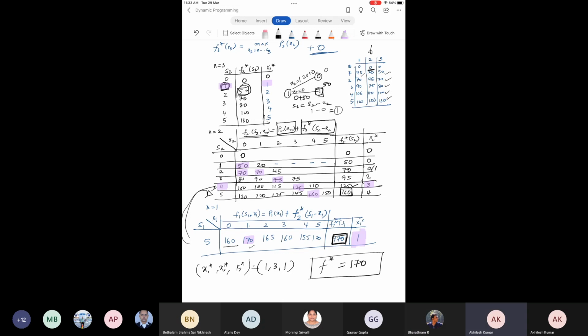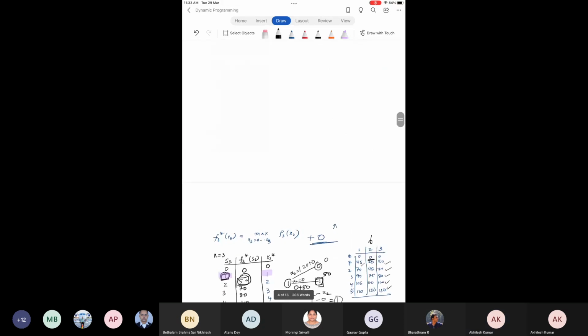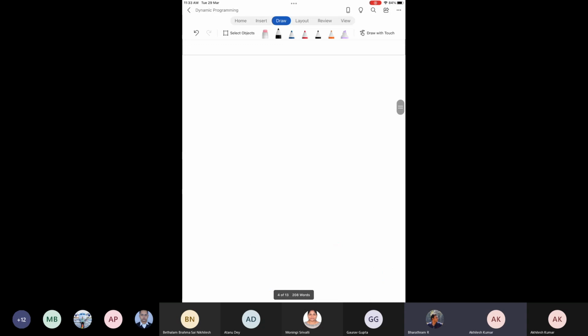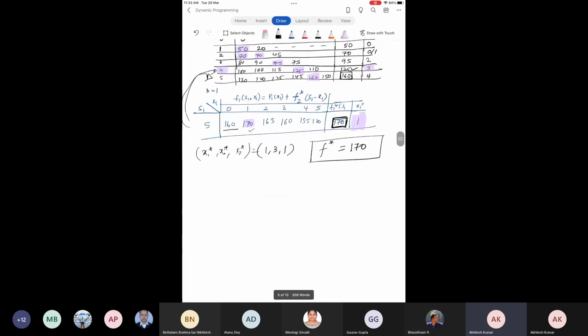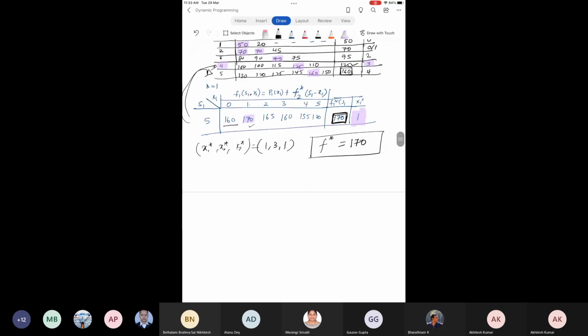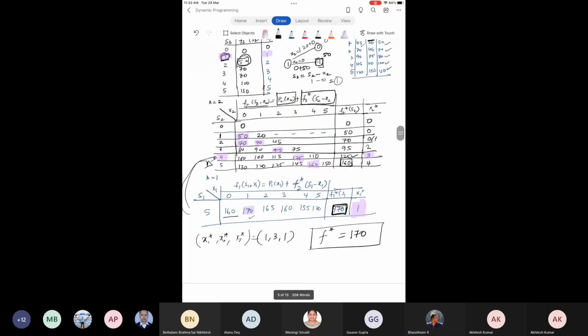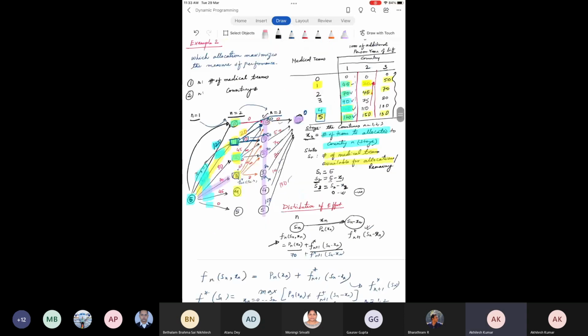Okay, so let's go to the complete diagram. Take time, just give me a second, let it come up. Yes. So now we have solved the problem completely. Let's look here. What is x1 star? 1.